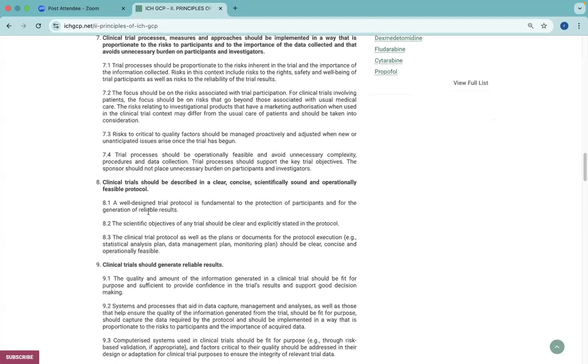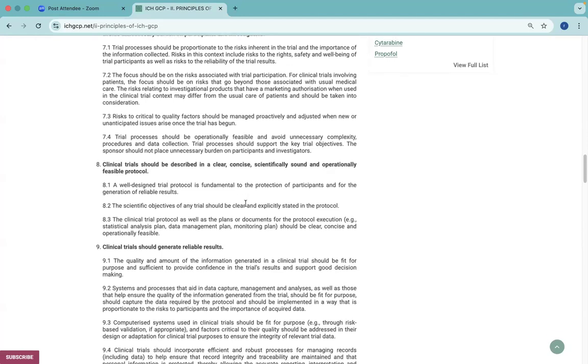And if you see, a well-designed protocol is fundamental to the protection of the participants and the generation of reliable results. That means we don't simply involve every patient who can participate in the clinical trial. It is always about what kind of information we collect, and whether we are involving the right patients or not.